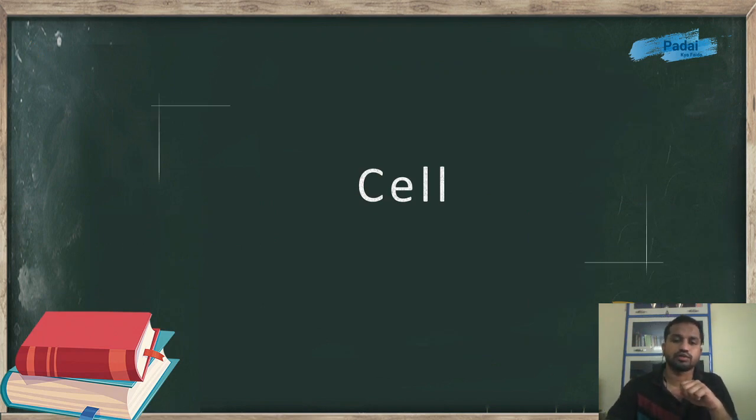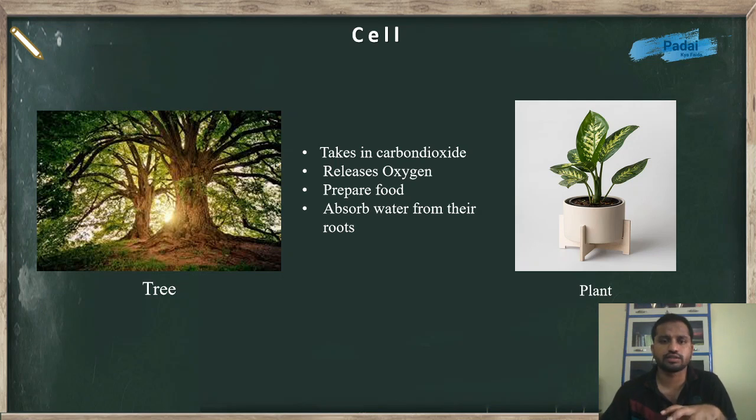So let us look into the cell. Before going to the cell topic, I would like to discuss a small concept over here. If you see clearly, you can see a huge tree and a small plant, right? Let us discuss the functions of both.